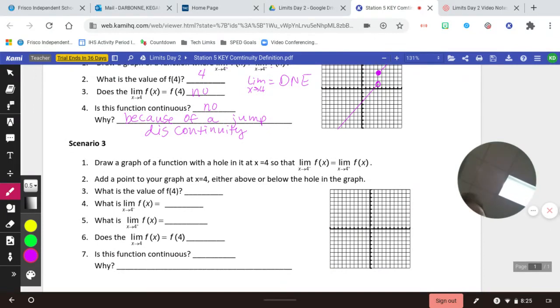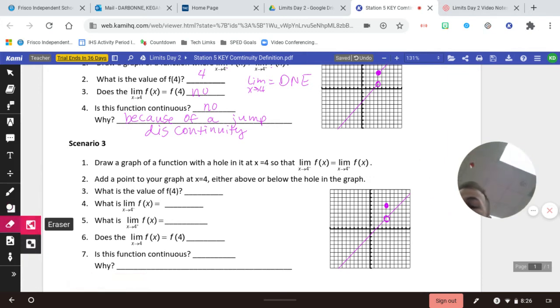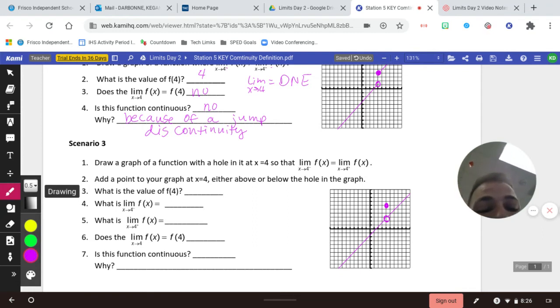Okay, so right here at 4, we're going to go up, do a nice little hole, but then let's stick a point all the way up here. There we go. Nice linear line. Too many lines. Okay, so what is the value of f of 4? F of 4 is all the way up at 1, 2, 3, 4, 5, 6, 6.